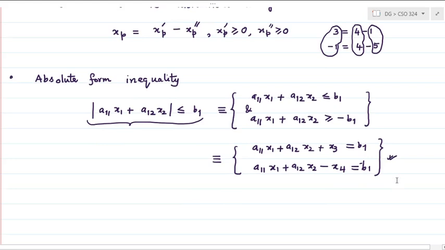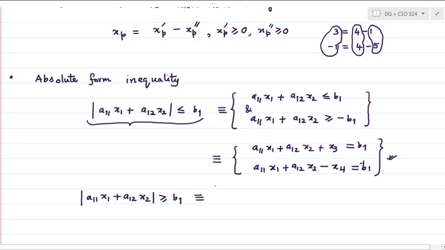And you note that here you may ask the following question, that we could take the absolute form inequality as, instead of less than equals to, we could possibly take greater than equals to b1.